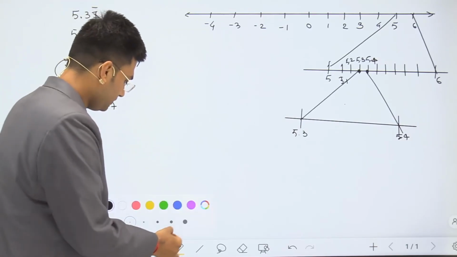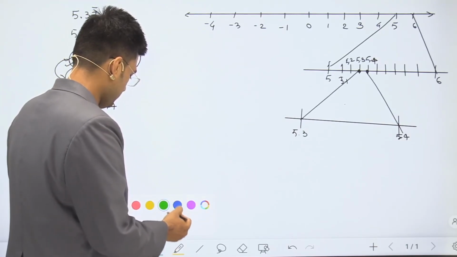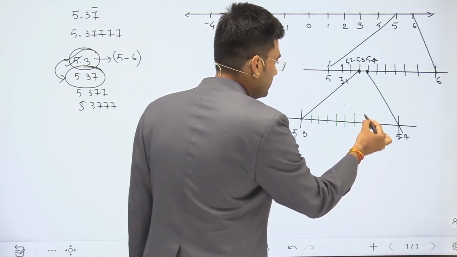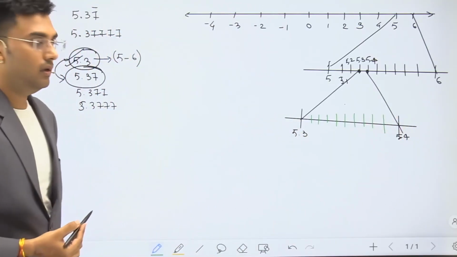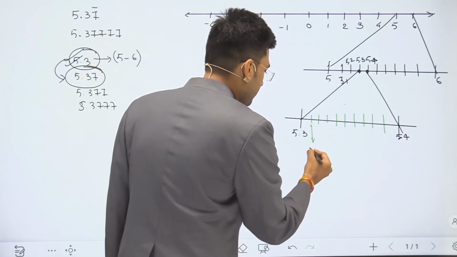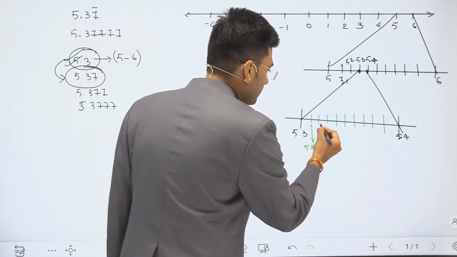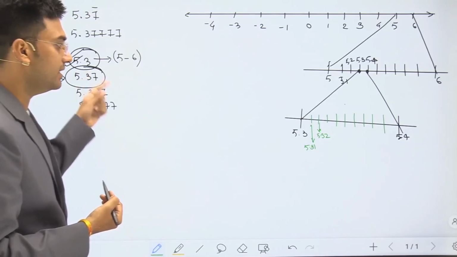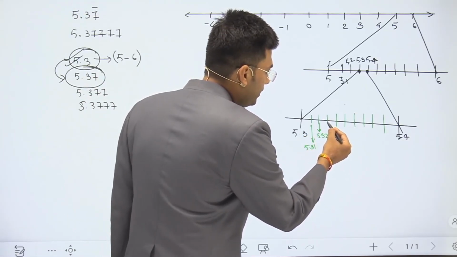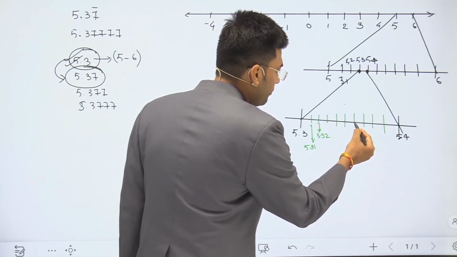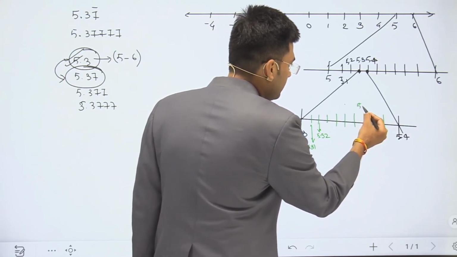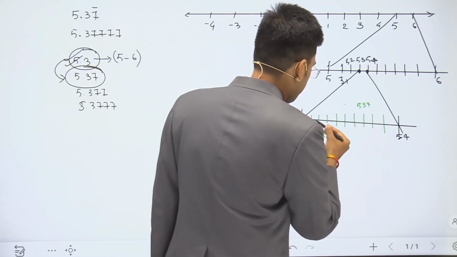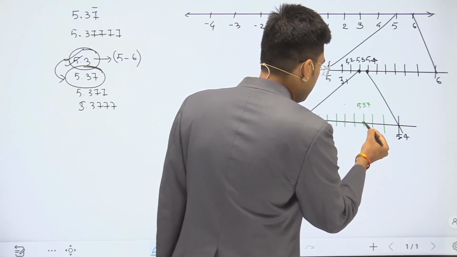Now this is 5.31, this is 5.32 and so on: 5.33, 5.34, 5.35, 5.36, 5.37. This is 5.37, and this is 5.38.